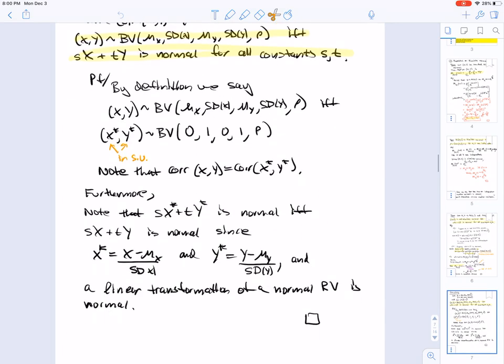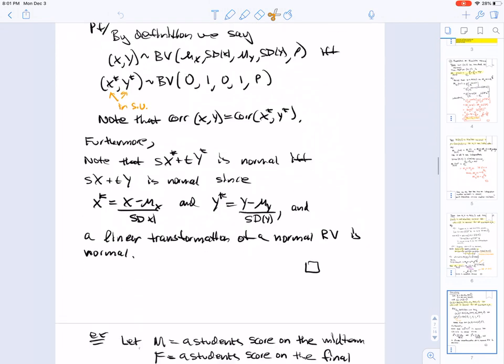I'll let you read this explanation here, but essentially it just comes down to the definition of X and Y being bivariate normal. That is, X and Y are bivariate normal if when you put X and Y into standard units, they are standard bivariate normal. And furthermore, sX star plus tY star is normal if and only if sX plus tY is normal. So it just follows from this.